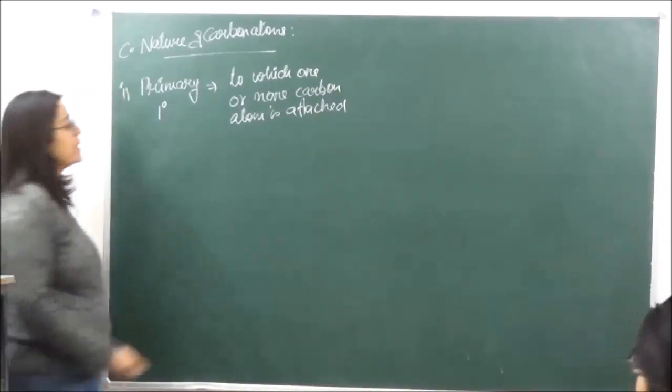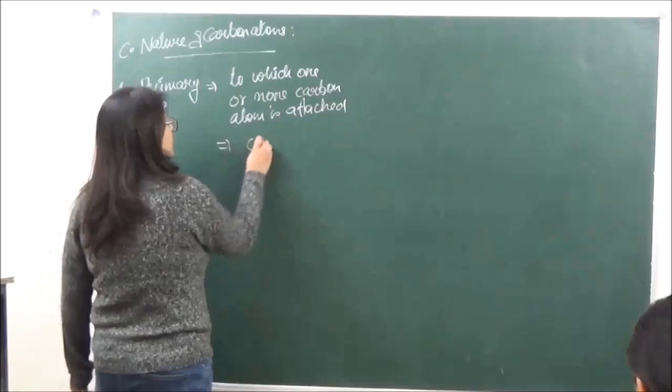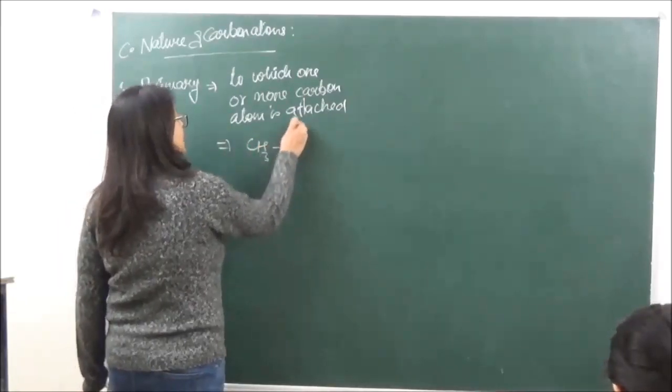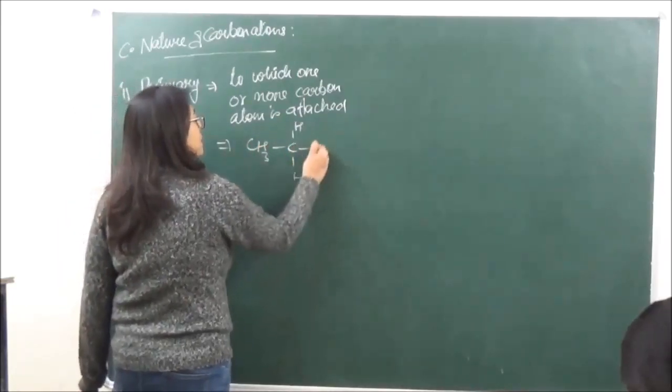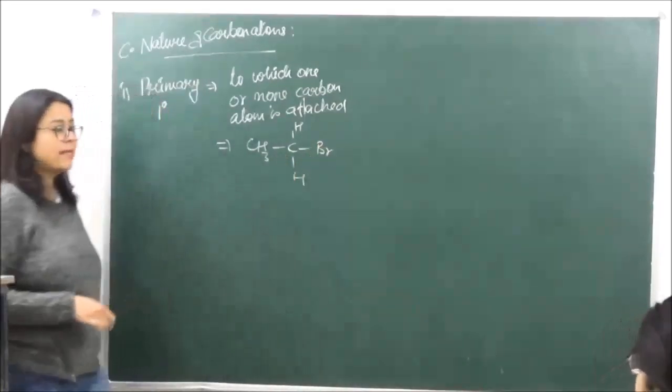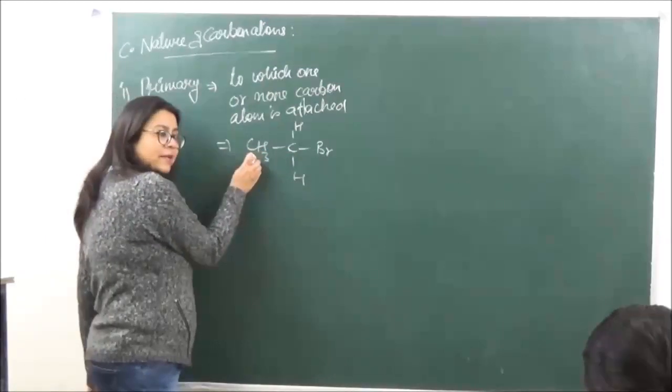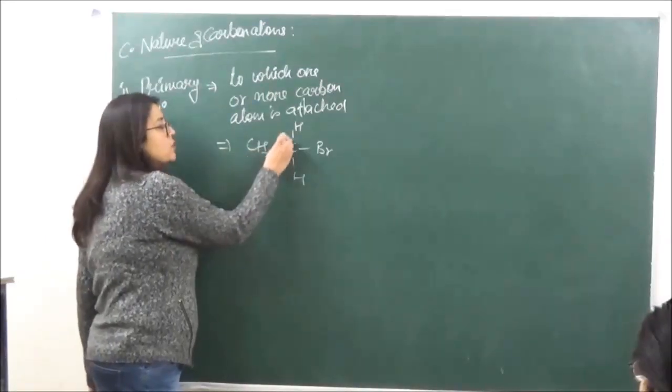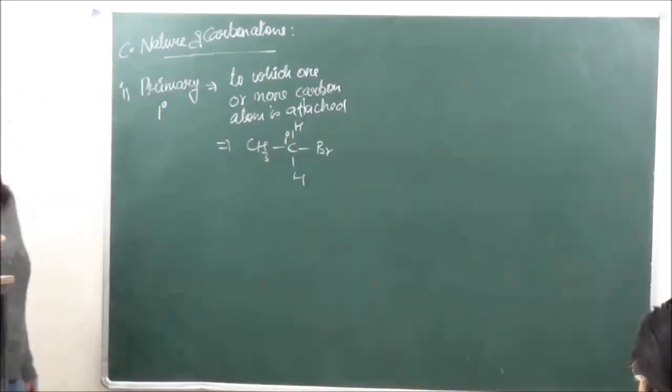An example which we can take over here is CH3, C, H, H and Br. So if you're looking at this carbon atom over here, this is going to be 1-degree carbon atom because इसके साथ only one another carbon atom is going to be present. So this is the carbon atom which is going to be 1 degree.